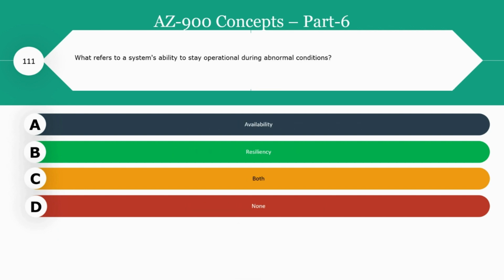Next question, what refers to a system's ability to stay operational during abnormal conditions? Option A, availability. Option B, resiliency. Option C, both. Option D, none of the above. The right answer for this question is option B. Resiliency is the ability of your system to react to failure and still remain functional.